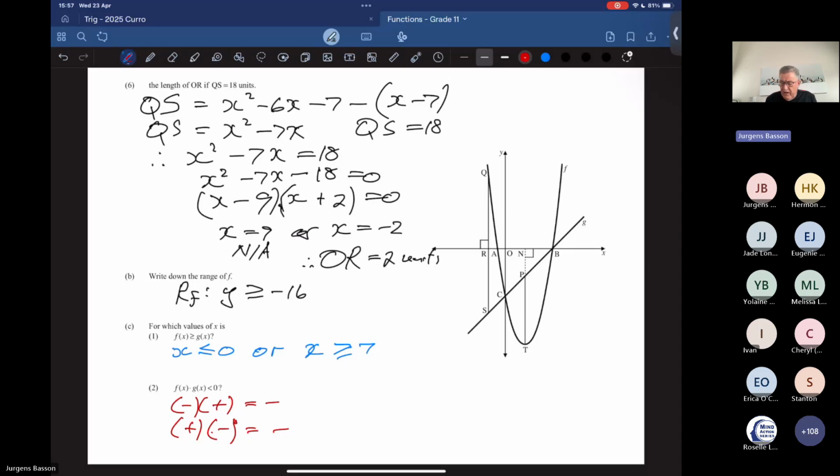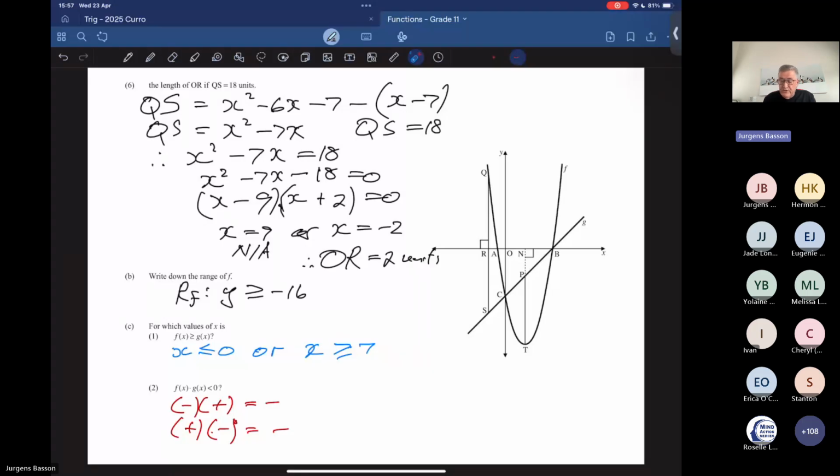So when a graph cuts the x-axis, the sign changes. If you look at this straight line here, can you see this part of the line is negative? Then it intersects, and then it becomes positive. So the sign changes at the x-intercepts. That is where the signs change.